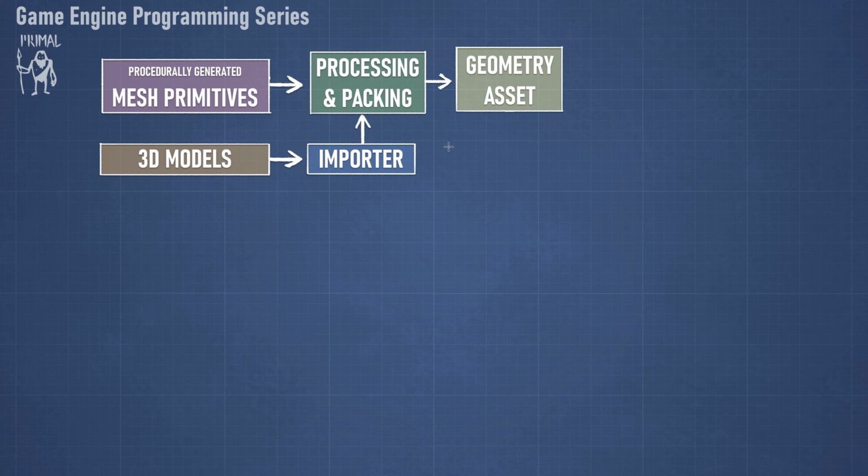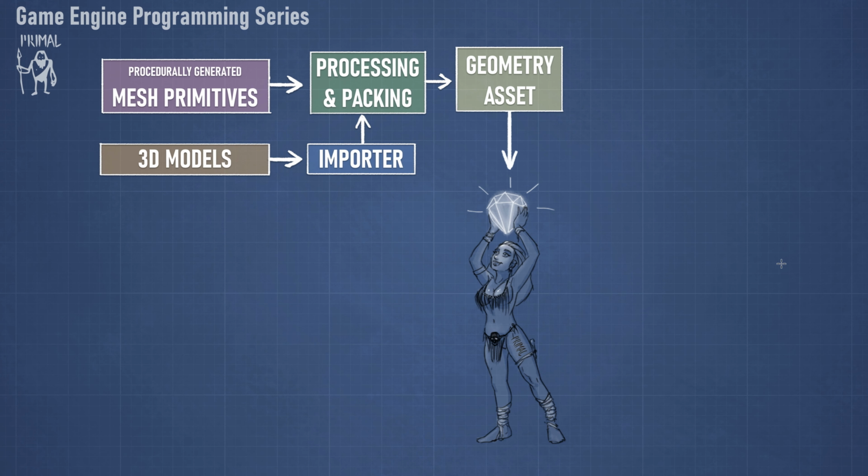But as I said before, geometry can also be generated procedurally, and that's a faster route to set up this whole pipeline instead of writing an importer, because that one is specific for each kind of content file that we want to import. So the whole purpose of this geometry pipeline is to get the raw content and condition it into a brilliant asset that will make our engine very happy to use it.